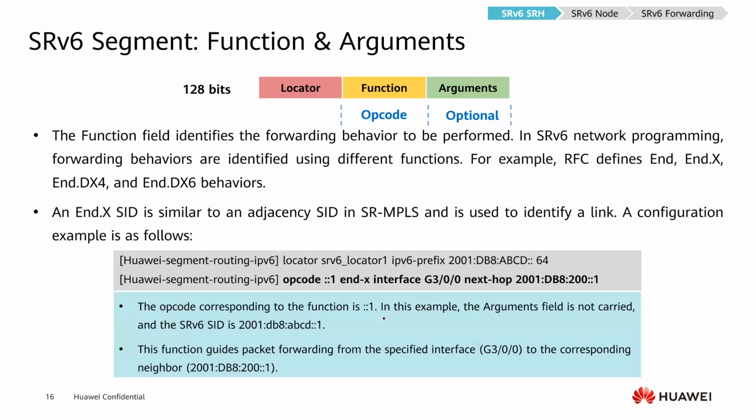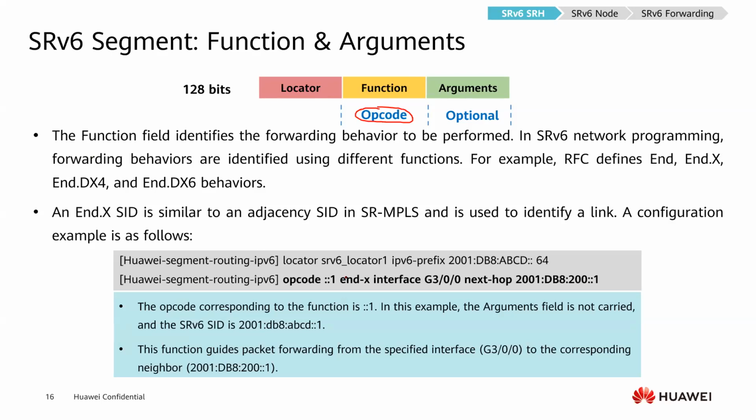And second is function. Function we can also call the opcode, operation code. This function means what this segment ID is used for.